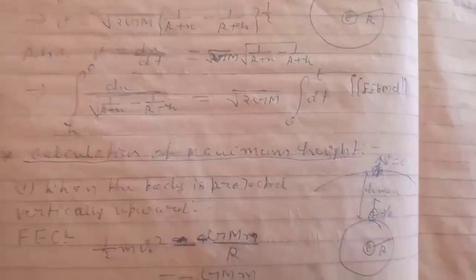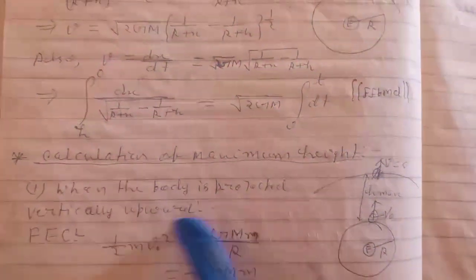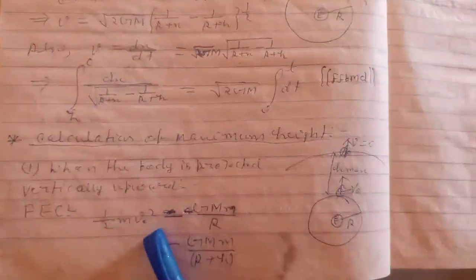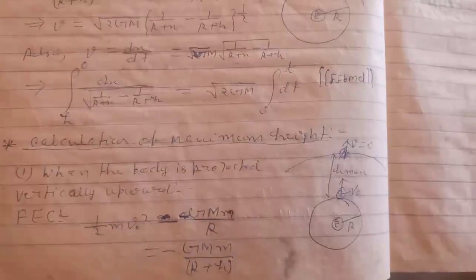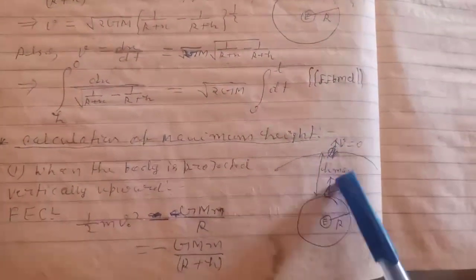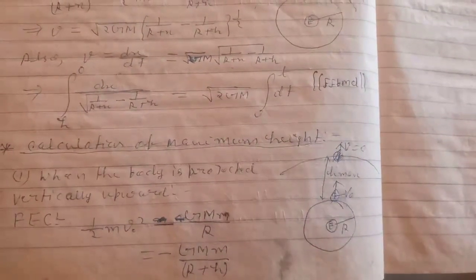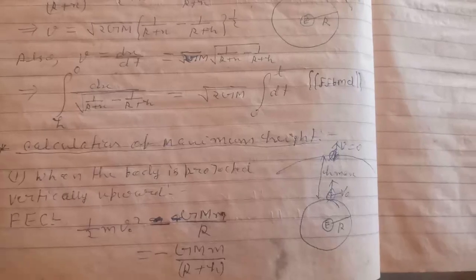Calculation of maximum height. When the body is projected vertically upward, from energy conservation, 1/2 mv₀² − GMm/R = −GMm/(R+h), because the body goes up to R+h.